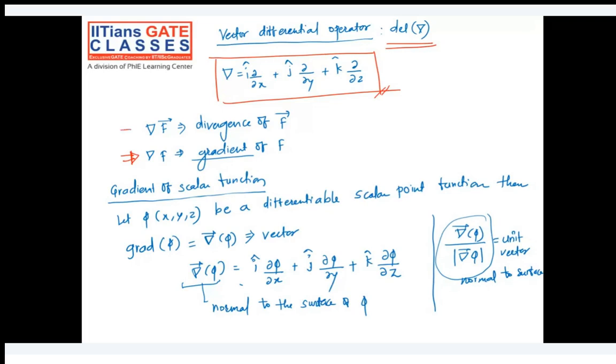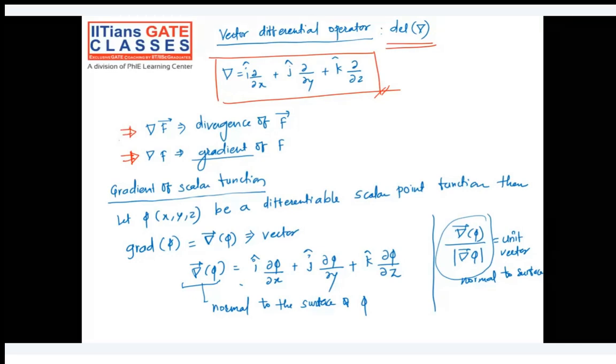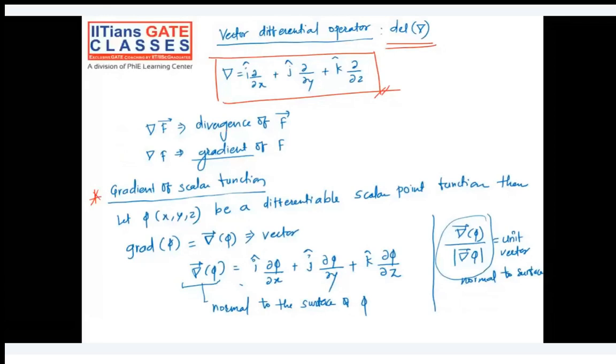But if you apply the differential operator on a vector function, then it's the divergence of f. What divergence is, we'll discuss later. First we'll start with the simple gradient term, the basics first, that is the gradient of f.